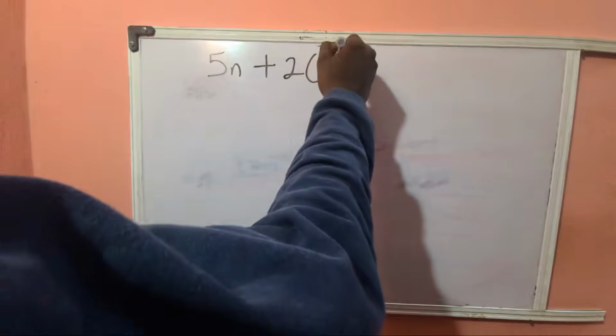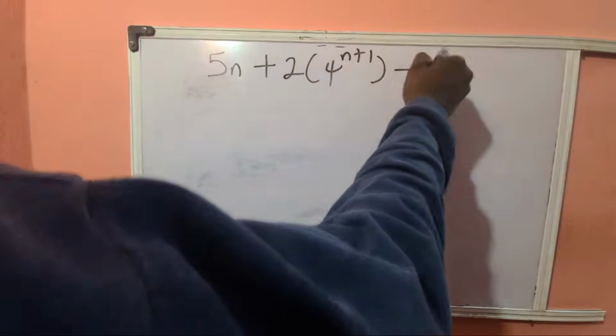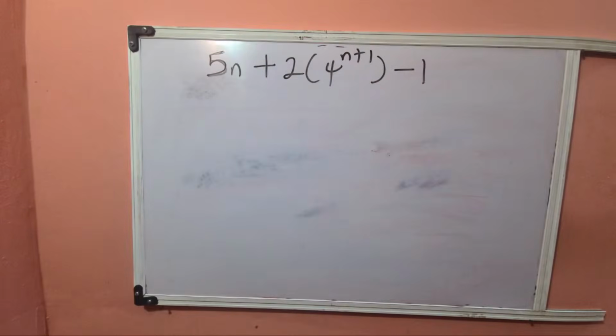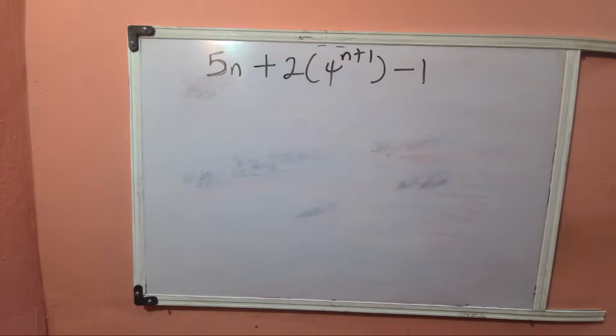We're given this particular question: 5n plus 2 open bracket 4 raised to power n plus 1 minus 1. The question said we should prove by using mathematical induction that this particular function is an integer multiple of 4.